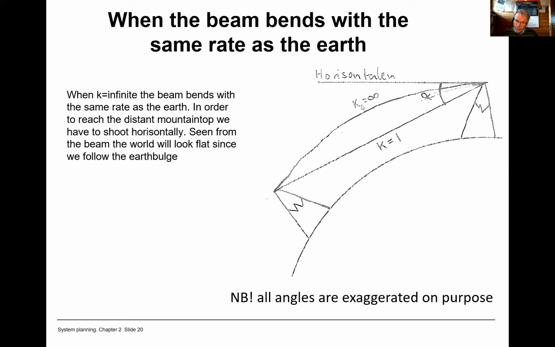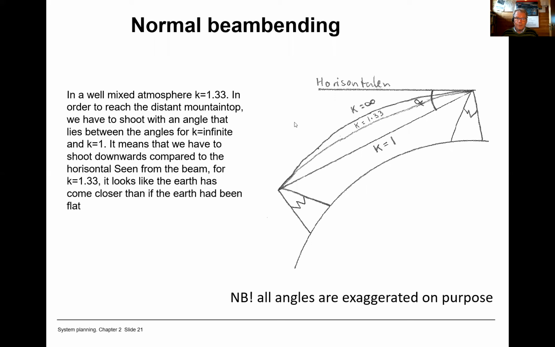Welcome to the Flat Earth Society. And if it's a well-mixed atmosphere, k is 1.33, and that is, of course, somewhere between k infinite and k equals 1. You see it is bending a little downwards here. The Earth is coming a little closer here in the middle.